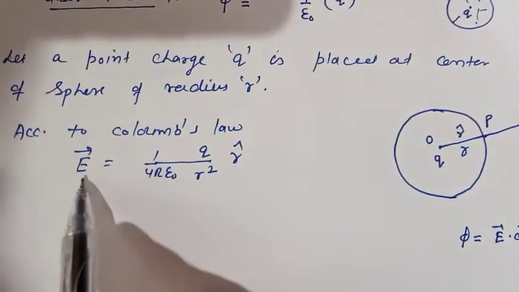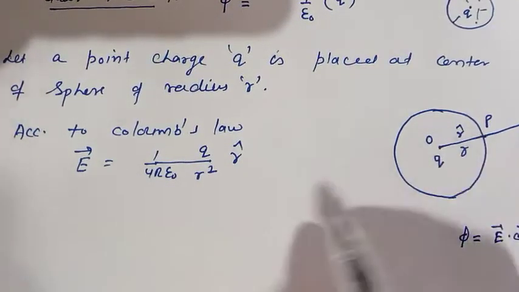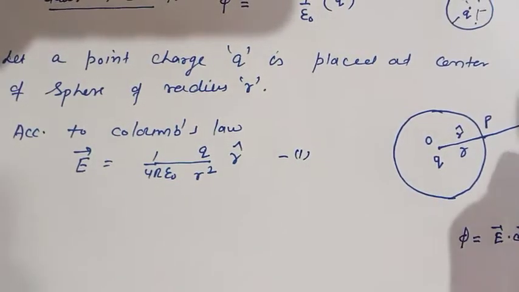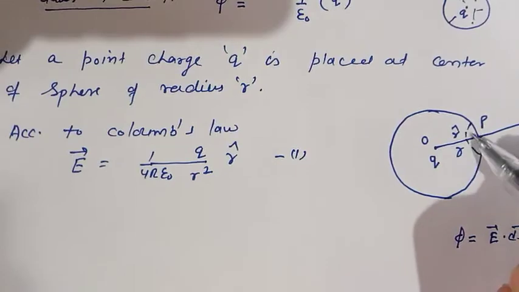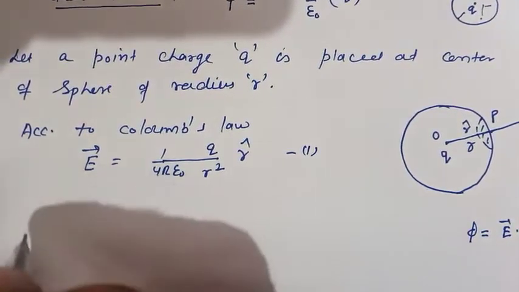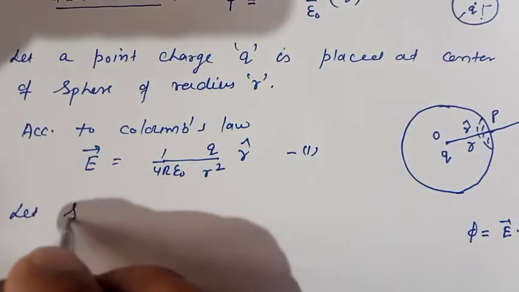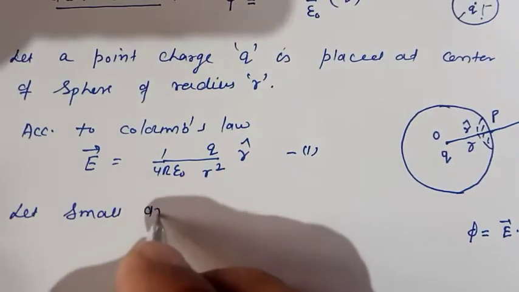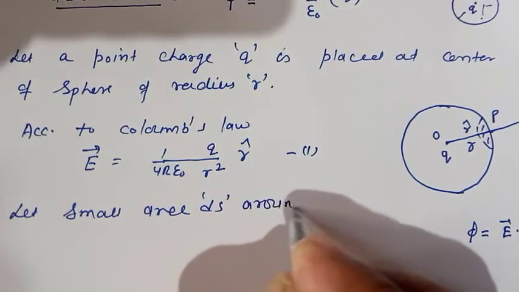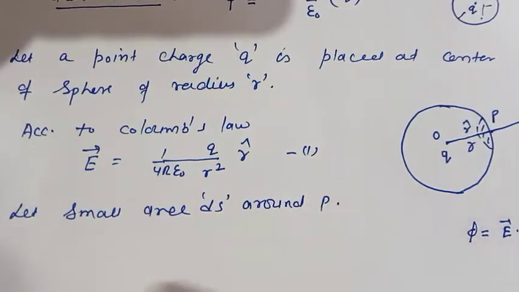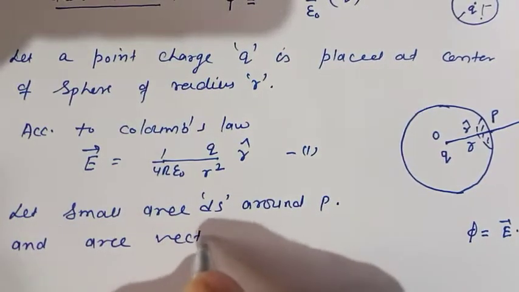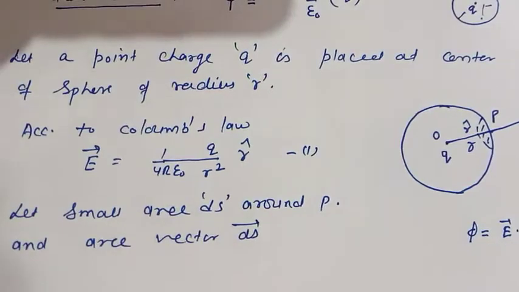We have calculated E at point P. Now take a small area ds around point P, and the area vector is ds.